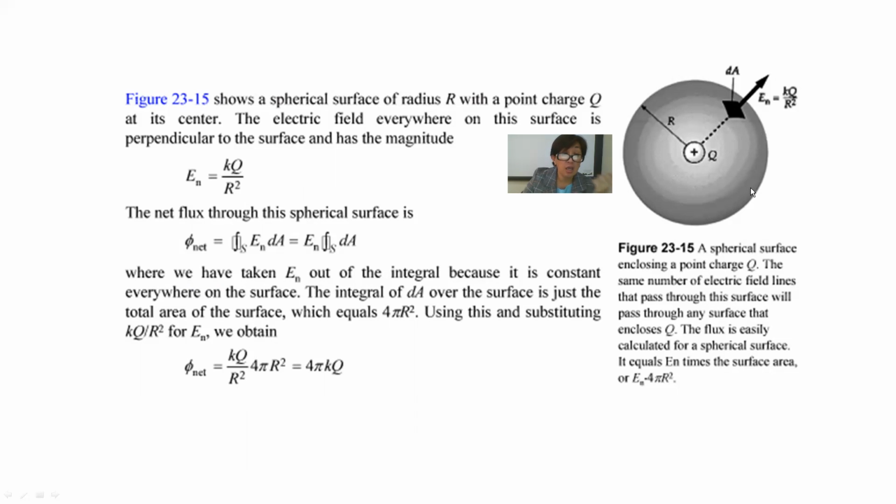The final formula is 4 pi k q, where 4 pi is a constant, k is Coulomb's constant, and q is the positive electric charge placed at the center of the sphere.